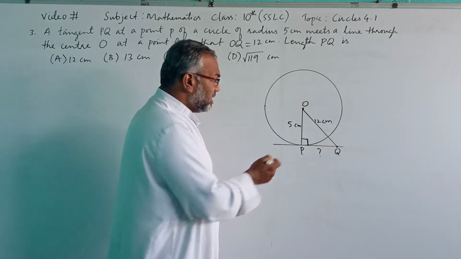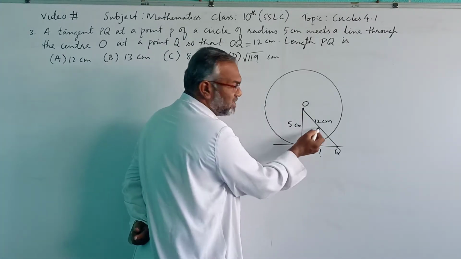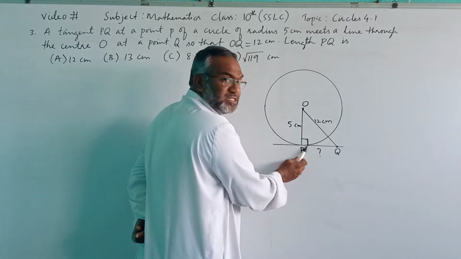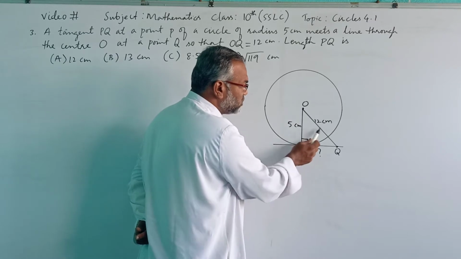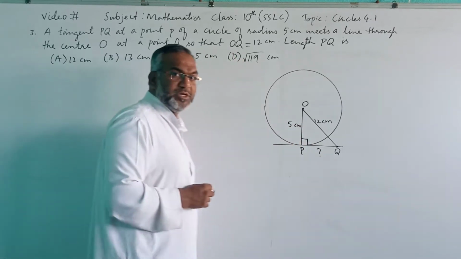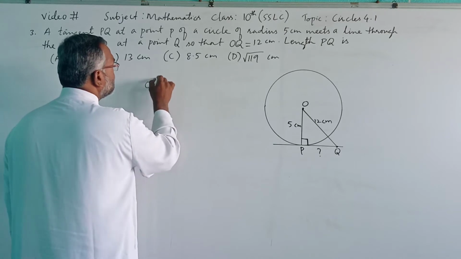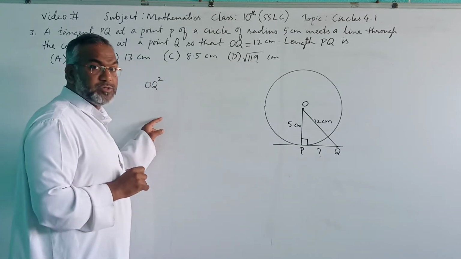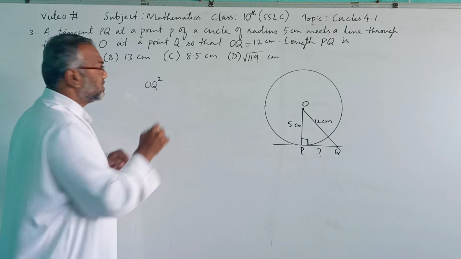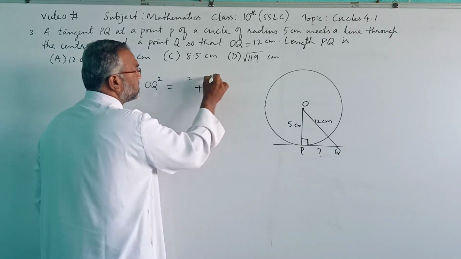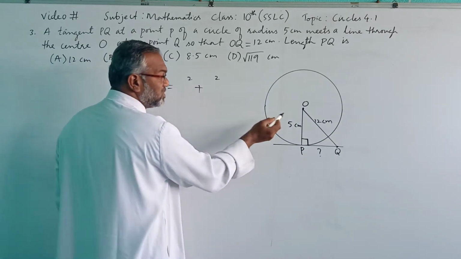We all know that the side opposite to the 90 degree angle will always be the hypotenuse. So if 90 degrees is here at P, then the side opposite to it, OQ, is the hypotenuse, right? So the square on the hypotenuse is equal to the sum of squares on the other two sides.